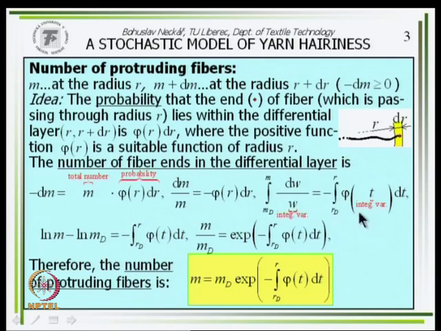After integration of both sides, we obtain logarithm m minus logarithm md is minus the integral from rd to r of the function phi(t) dt, or m by md is e to the power of minus this integral.